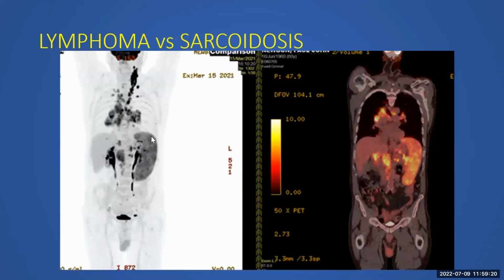This is one case from my hospital where we were running around in circles because for all practical purposes, the patient presented and looked on imaging like a case of lymphoma. Why we say lymphoma is you can see significant splenomegaly, multiple nodes, not all of it symmetrical. Maybe some of it you can say hilar, but the nodes go all the way to the neck.